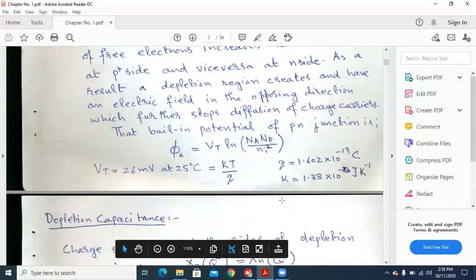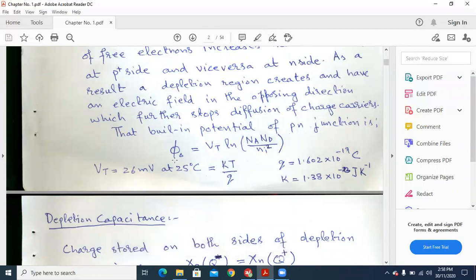We have to see that the potential of this electric field is represented by phi naught, which is Vt natural log of Na Nd divided by Ni squared.